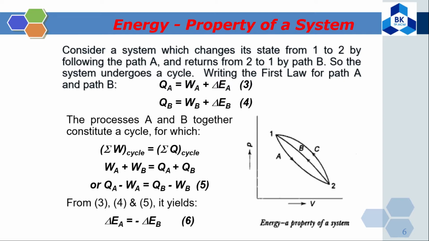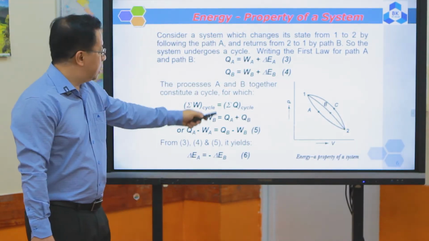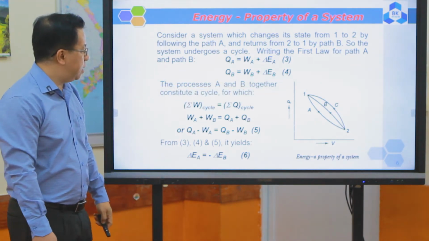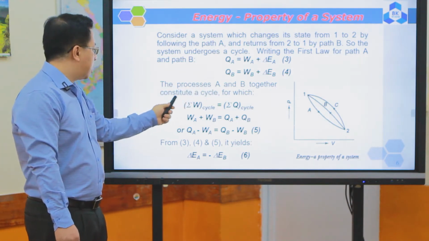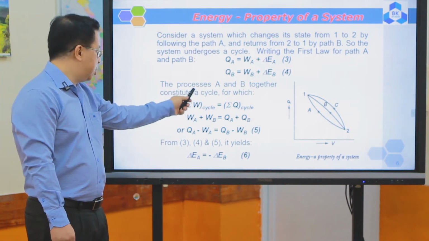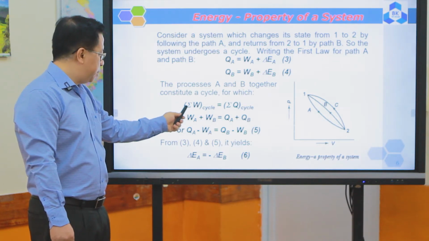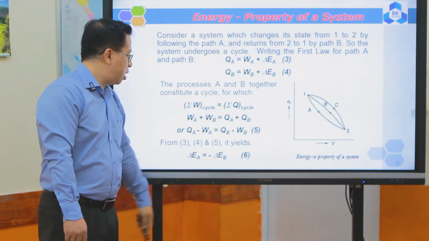So writing the first law for path A and path B, we got QA equal to WA plus delta EA, QB equal to WB plus delta EB. So the processes A and B together constitute a cycle, for which the total work, sigma W cycle, will be equal to sigma Q of the cycle.